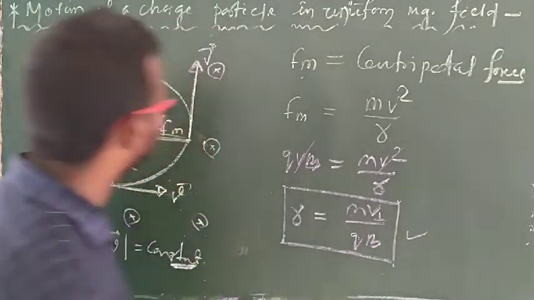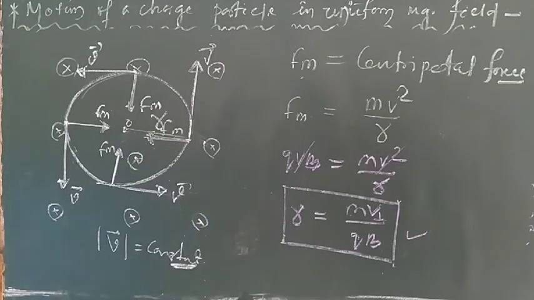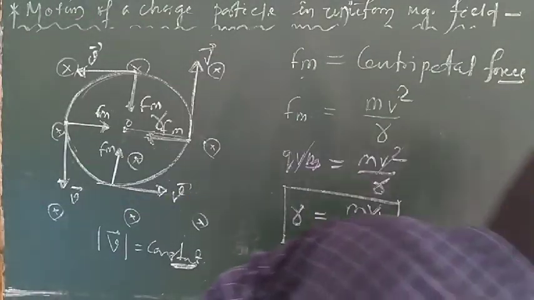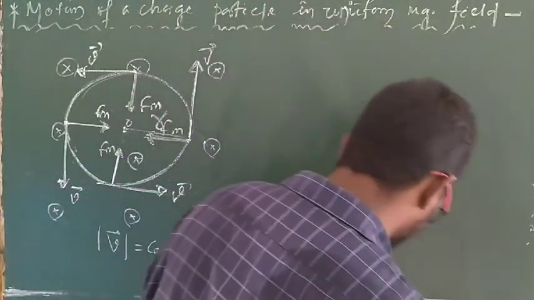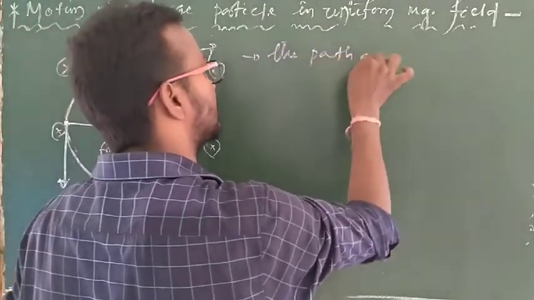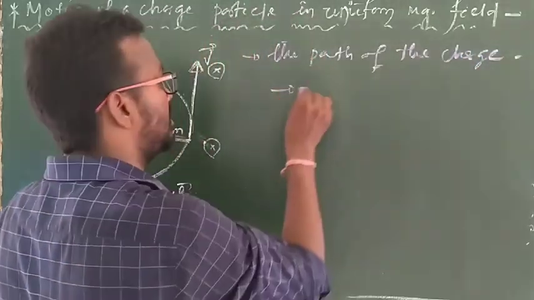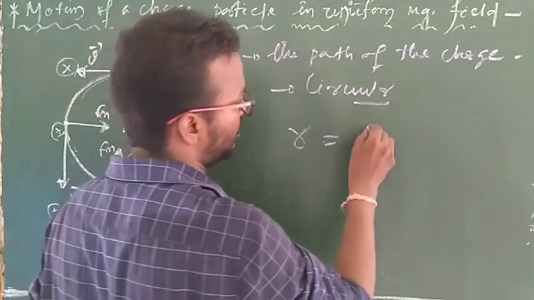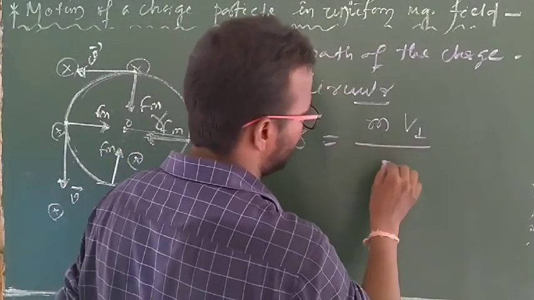So the path of this charged particle moving inside the magnetic field is circular, and its radius r equals m times the perpendicular component of velocity divided by qB.